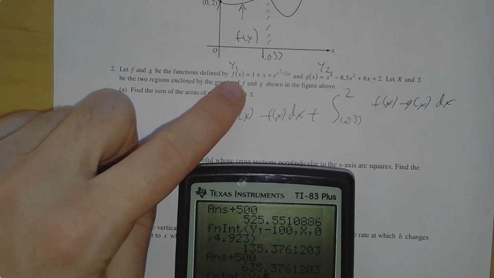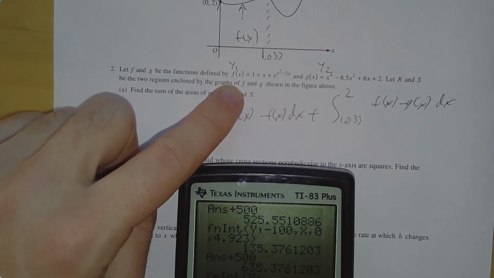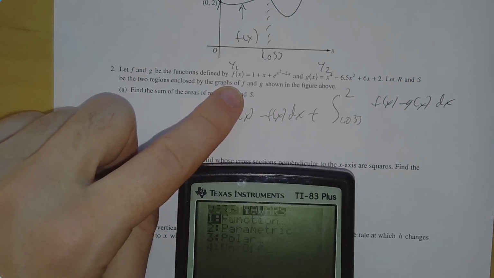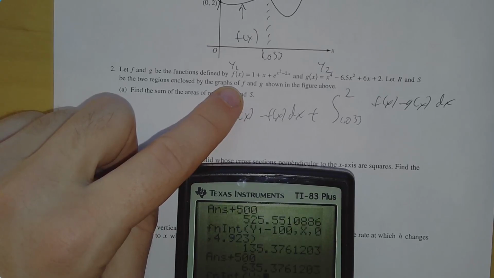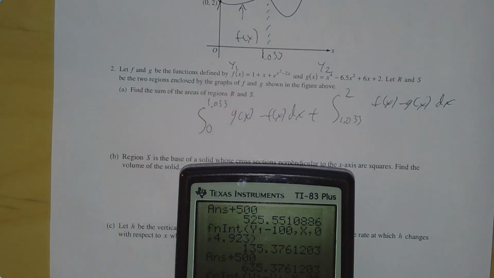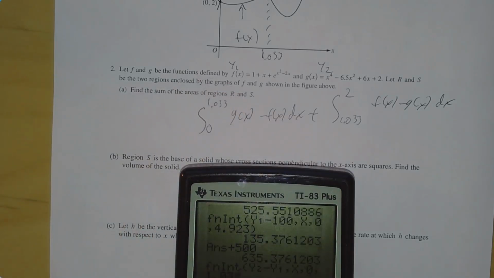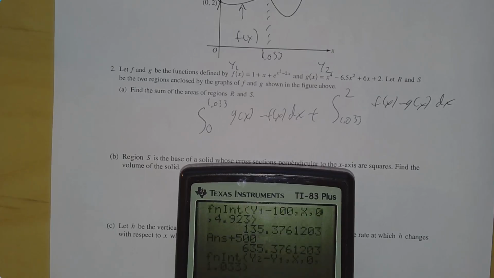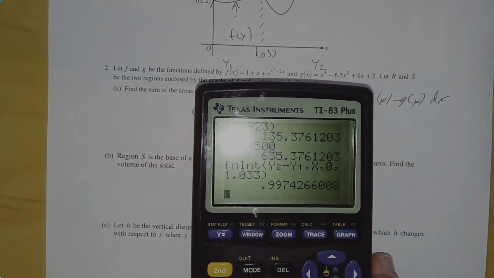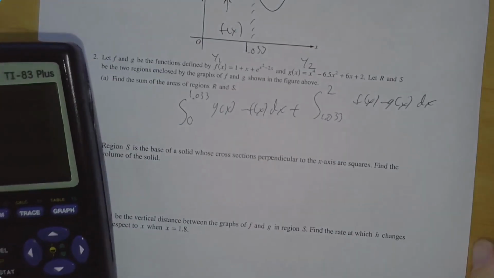No, that one is my f of x. So it's gonna be, sorry, y2. Vars function y2 minus vars function y1, comma x, comma 0, comma 1.033. Close it. So the area of my first region is 0.997.